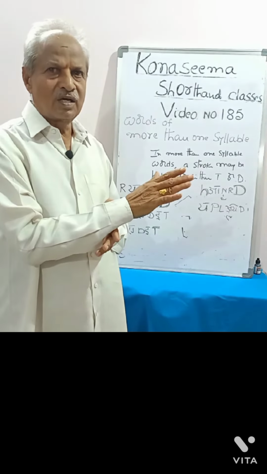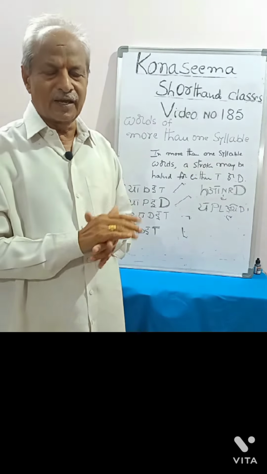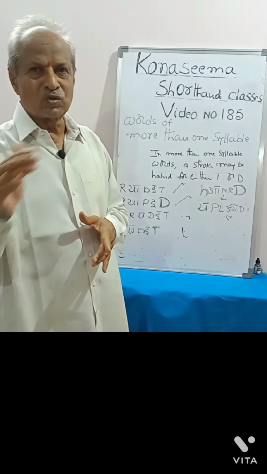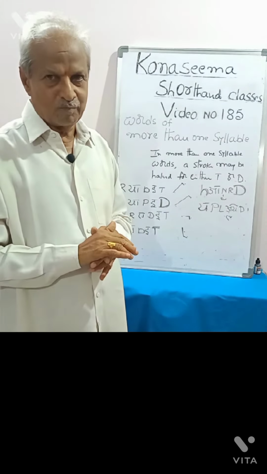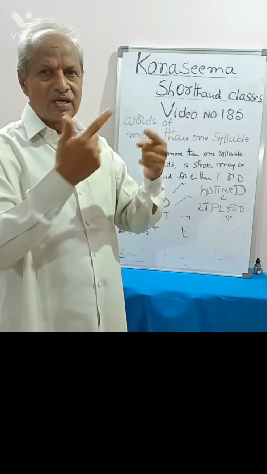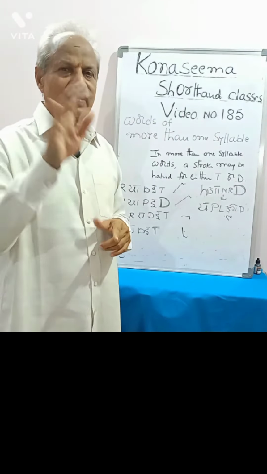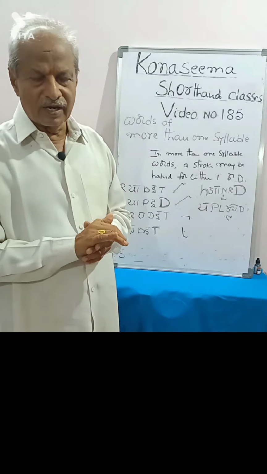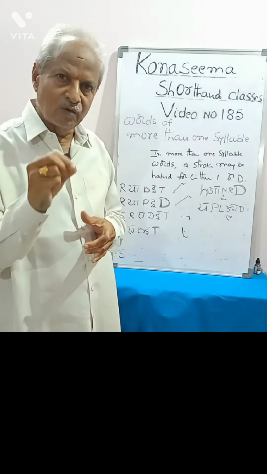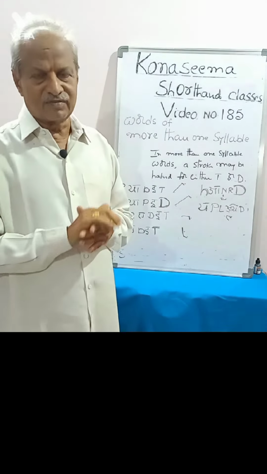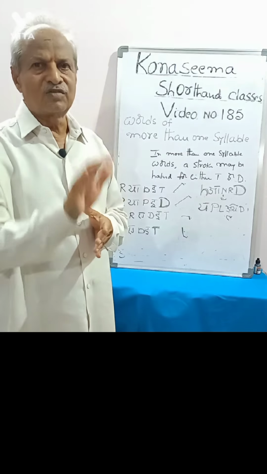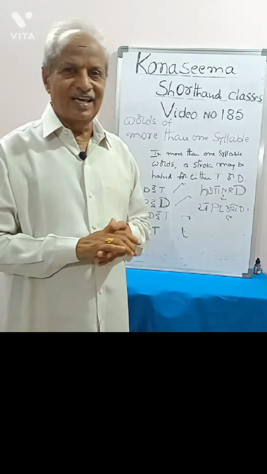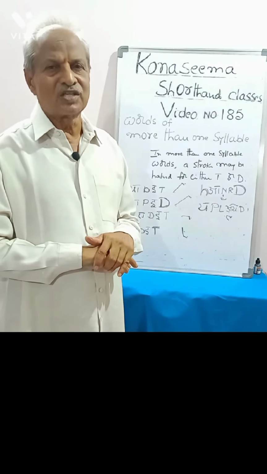Light strokes are halved for T only. Like that, heavy strokes are halved for D only. There, T only, here, D only. Third one, though it is a single syllable word, if it has a final hook or a joint diphthong, that word can be halved for either T or D. That is with respect to single syllable.